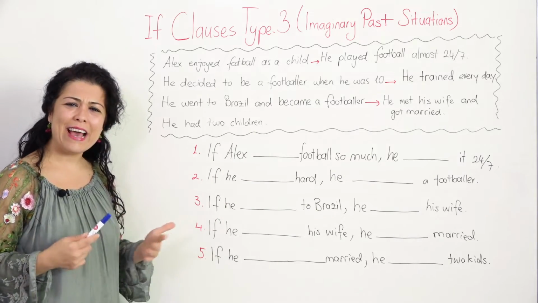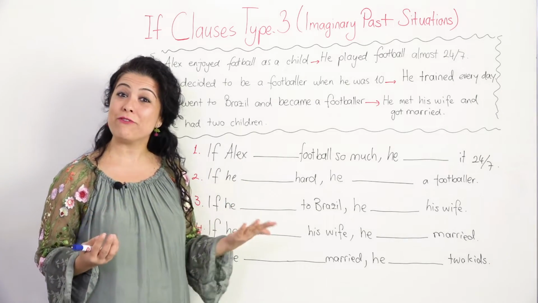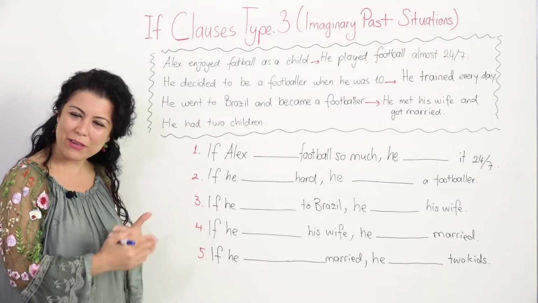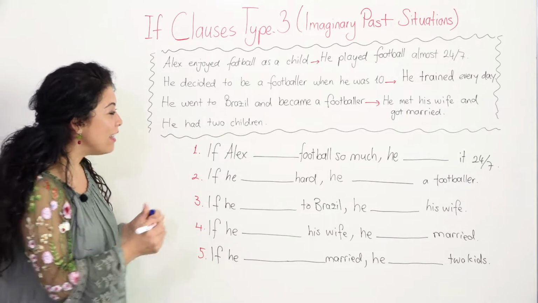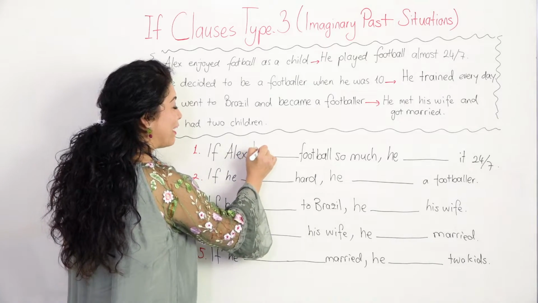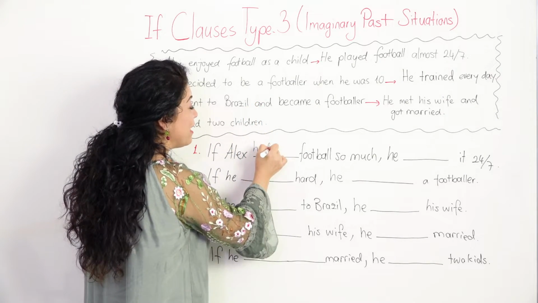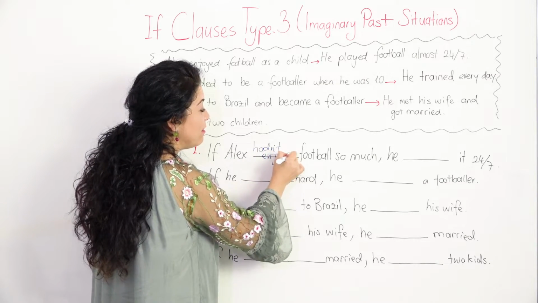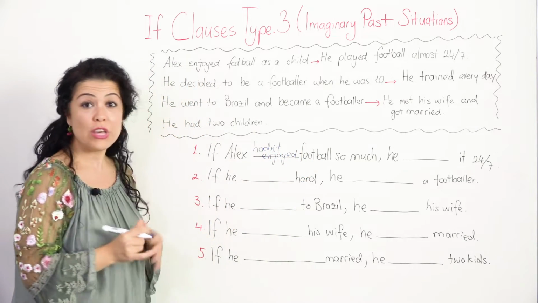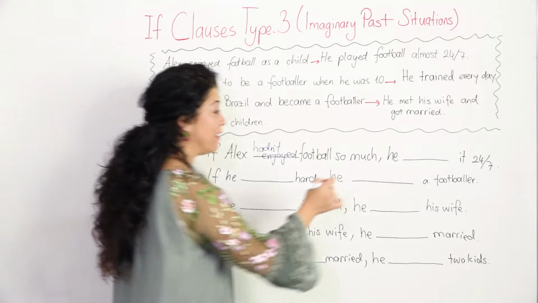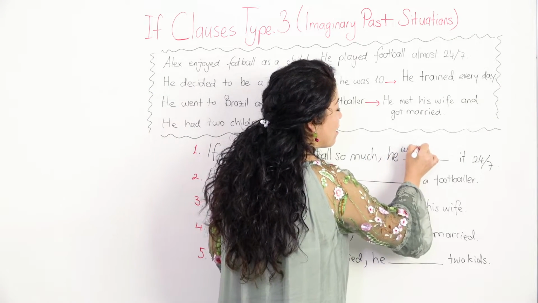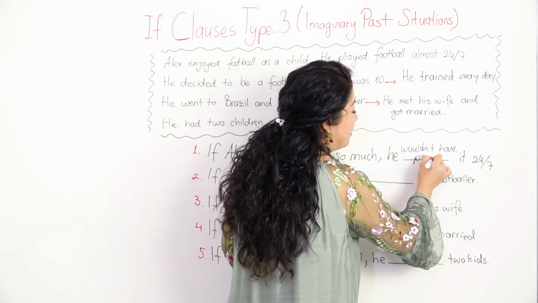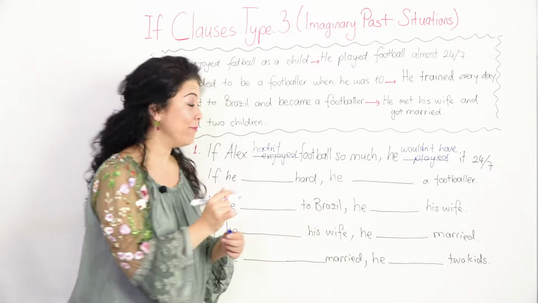Now, let's see how life could have been different. Not that we can change anything, we can't, but we are just speculating, right? So if Alex, he loved football, right? If he hadn't enjoyed football so much, he wouldn't have played it 24/7.